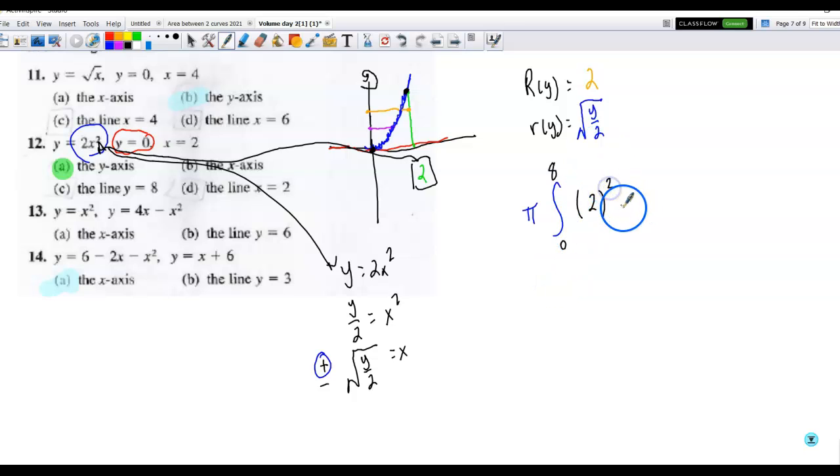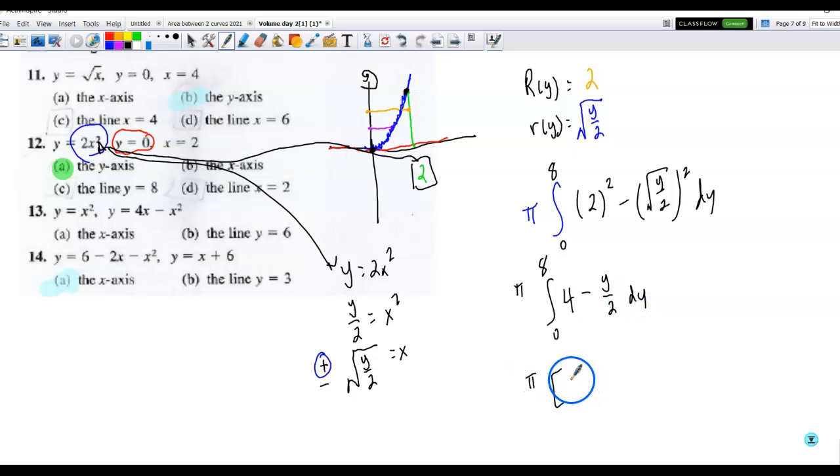Big R squared minus little r squared dy. That'll give me the integral from 0 to 8 of 4 minus, whoops, I already got the minus there. 4, squaring the square root drops the radical. I get y over 2 dy.